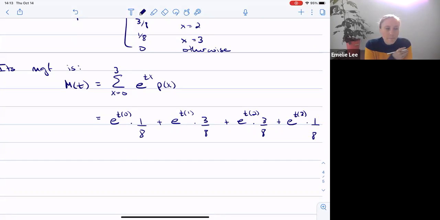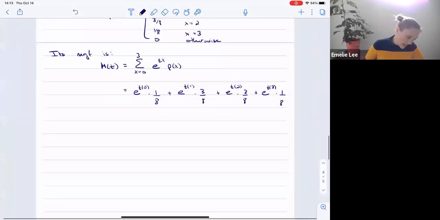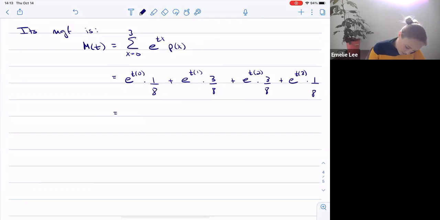Okay, so looks like I have a common denominator of 8. So I'm just going to squish these all together right away. And I'm going to show that this becomes e to the t times 0. E to the 0 is 1, right? So 1/8.